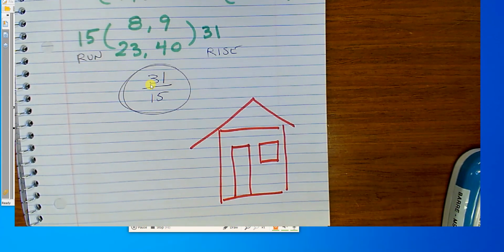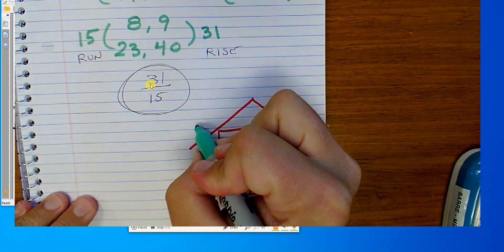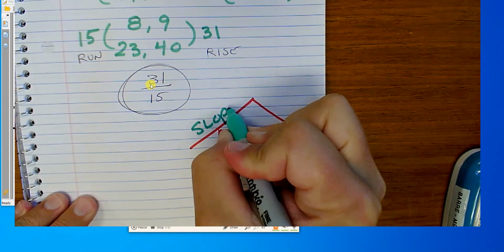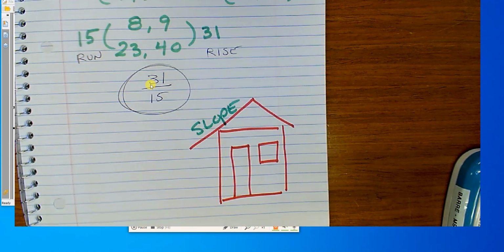On top of the roof, I want you to write slope. This is the slope house. I expect to see that on the notes when you show them to me. And if you don't do it, you're going to have to finish it to get credit for them, okay?